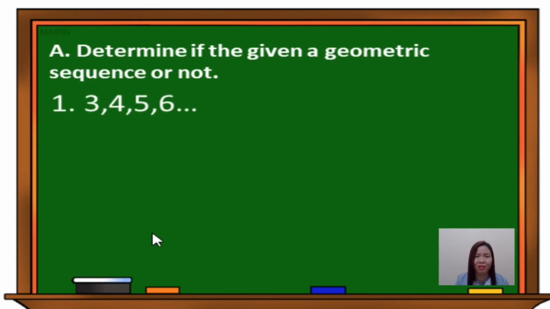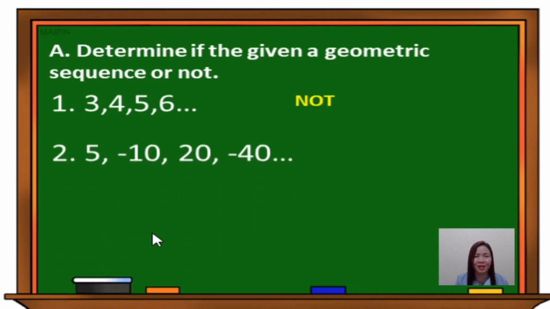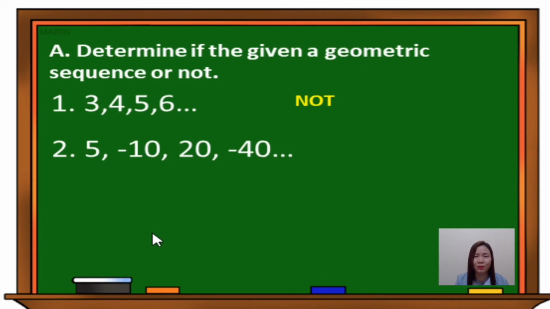So 3, 4, 5, 6. What is your answer? And the answer is not. Second example. 2, -10, 20, -40. Is that a geometric sequence?